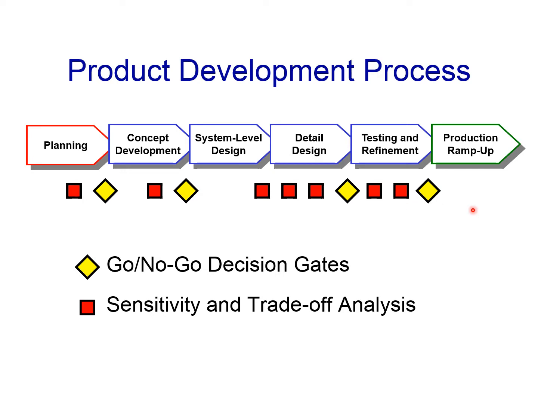Then these red squares over here represent many points during the development process where various types of sensitivity and trade-off analysis occur. To support the ongoing decisions of the team, there are various kinds of financial analysis that may help them. For example, this may support the design for manufacturing analysis that we've done in the previous lecture.